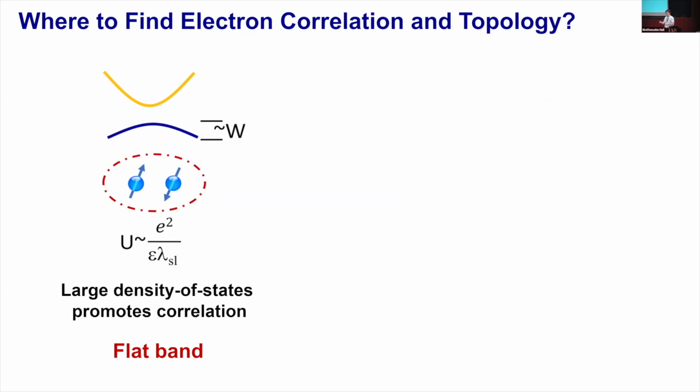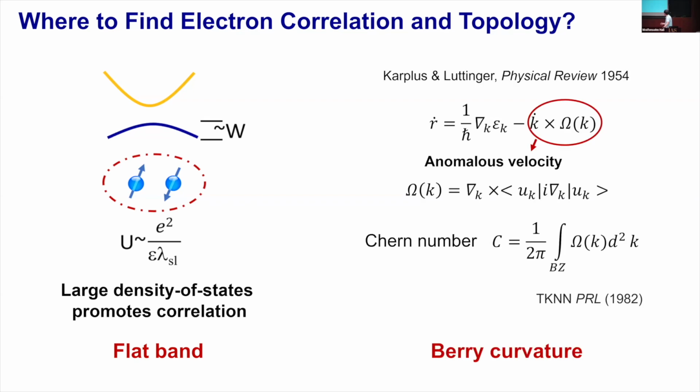And if you want to find a topological phenomenon, one way of thinking about it is that there's this very old concept in condensed matter physics, in terms of describing the electron motion in a crystal. Not only do you need to consider the group velocity, which you can get from the energy dispersion, you also need to consider this so-called Berry curvature effect, which drives an anomalous velocity.